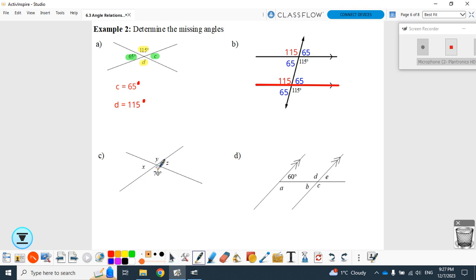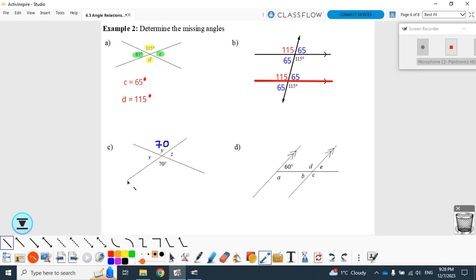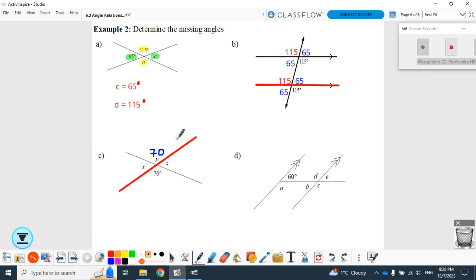Okay, I feel like we've already done this one before, kind of. Yes, I think it is. Y's got to be 70, right? And again, we pick on that straight line idea. This is a straight line. If this is 70 degrees, which it kind of doesn't look like, but just for the sake of fun, let's just pretend it's 70 degrees, and this over here has got to be the remainder to make up 180 degrees.